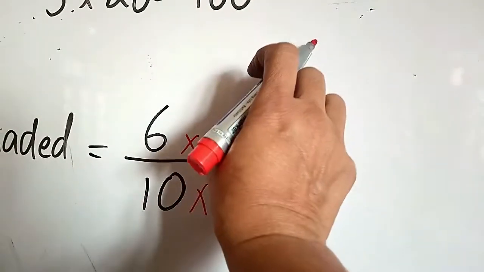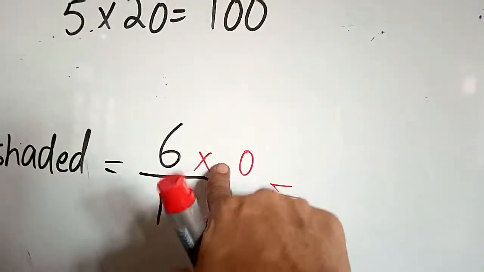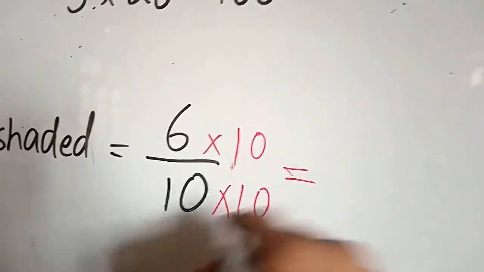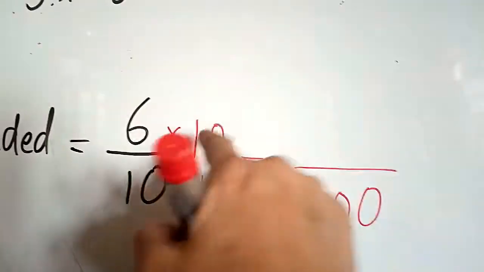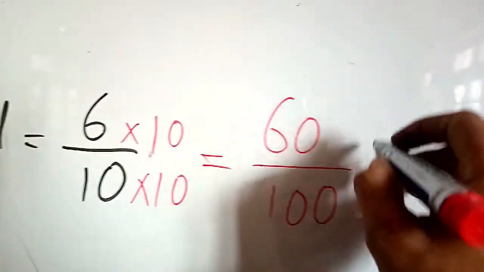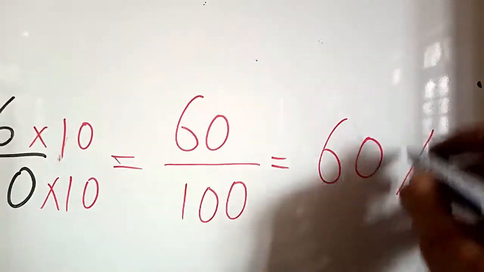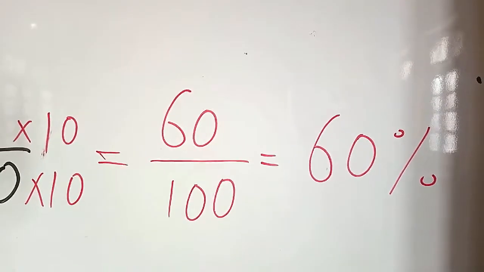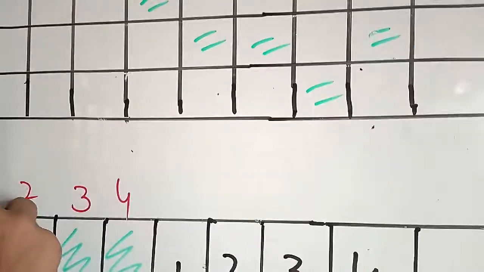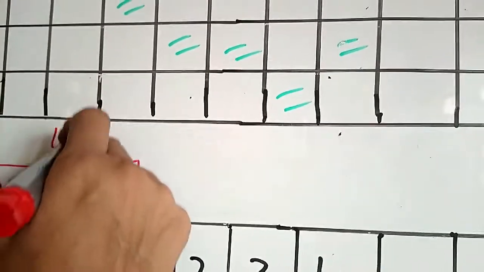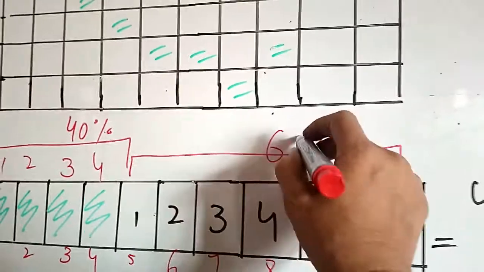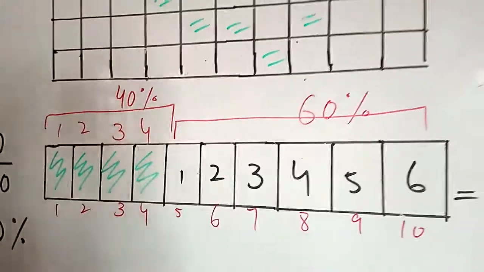Then we will multiply both numerator and denominator by 10. Then 10 tens are 100 and 10 sixes are 60. It means we are having 60% of the strip as unshaded, which are not shaded. So 40% is shaded and 60% is not shaded.